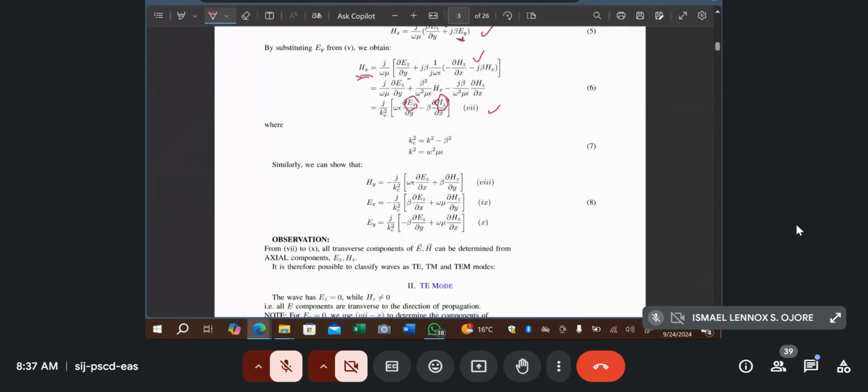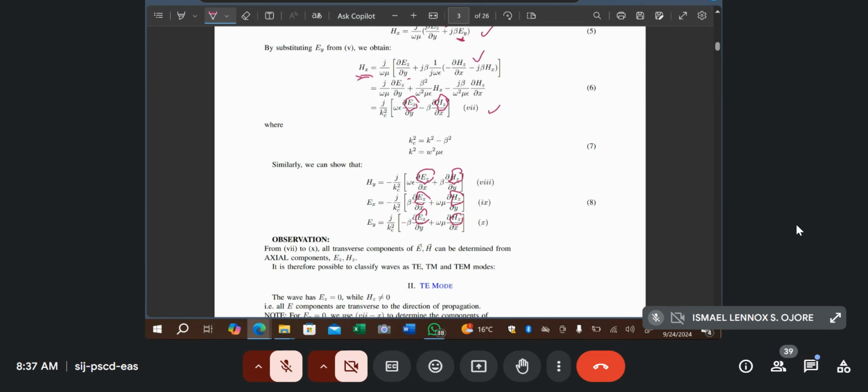Then Hy, the same. So what is important, when you follow all the same procedure, you'll actually realize that you have just the longitudinal components. Okay. So what that means is that from 7 to 10, all transverse components of E and H can be determined from the axial components Ez and Hz only.